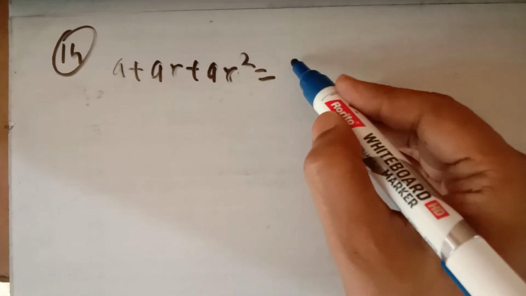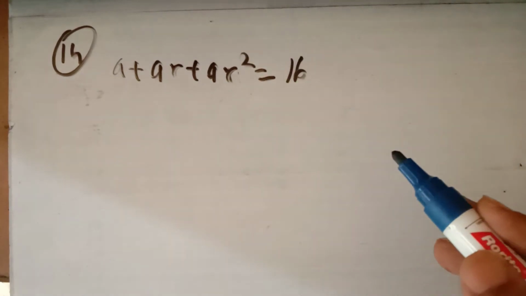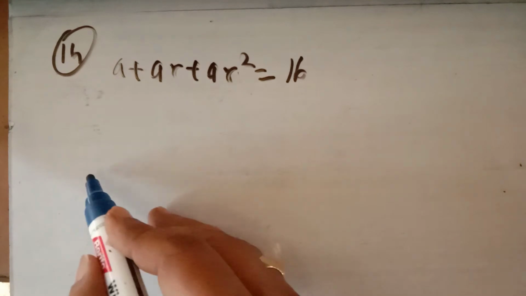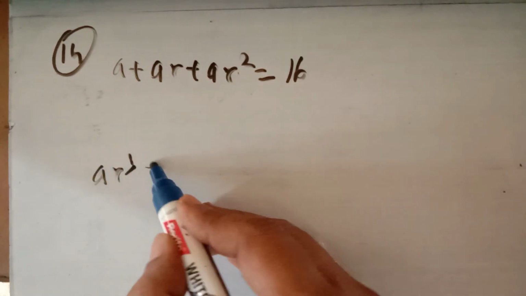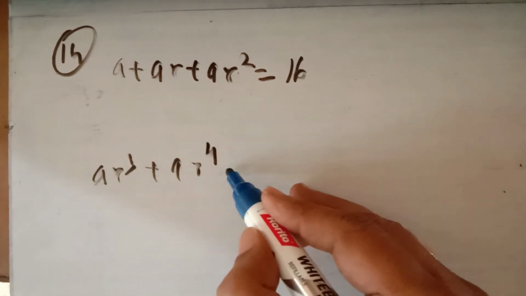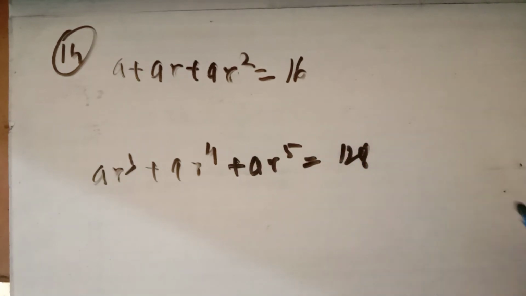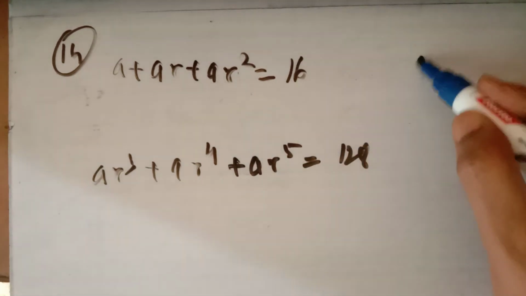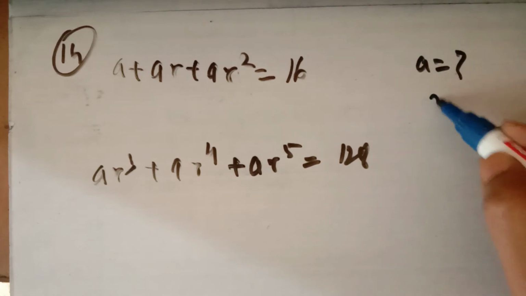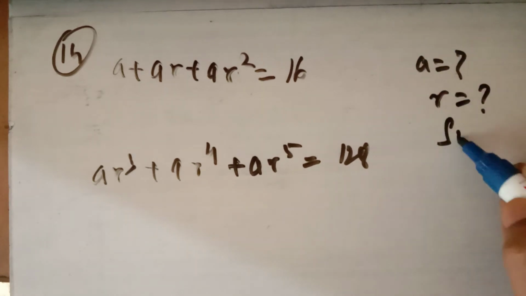And the sum of the next 3 terms, that means AR cube, AR raised to power 4 and AR raised to power 5, is given as equal to 128. Now you have to find the first term, the common ratio and the sum of n terms.